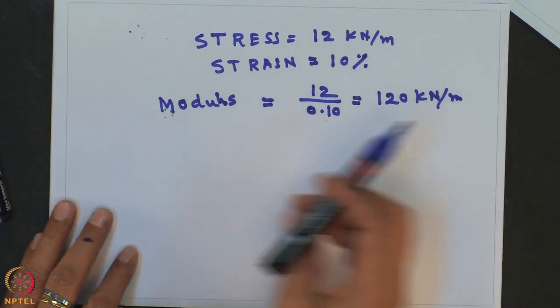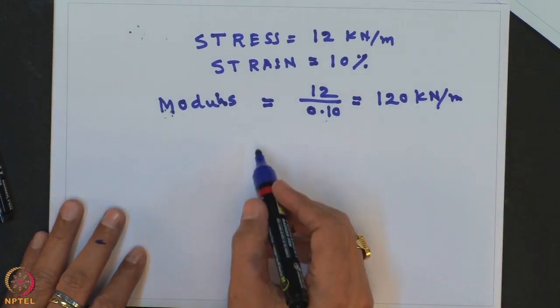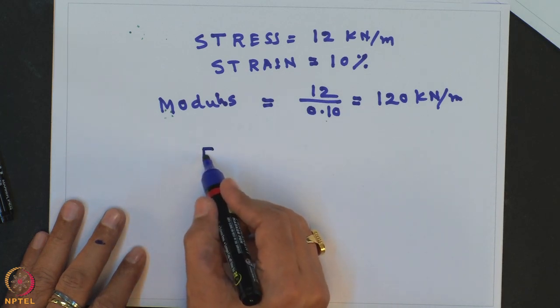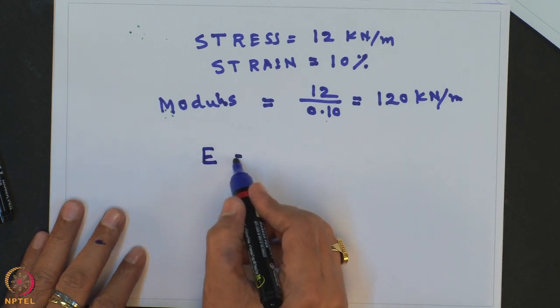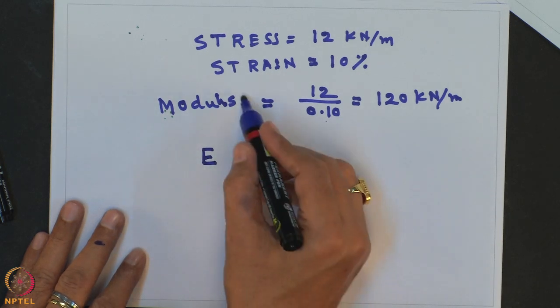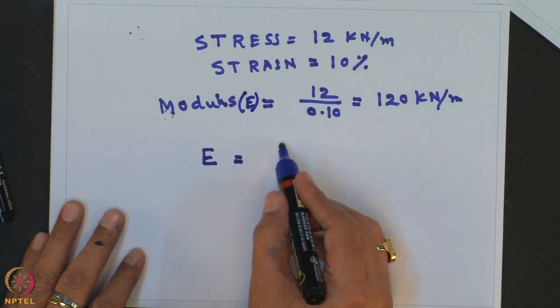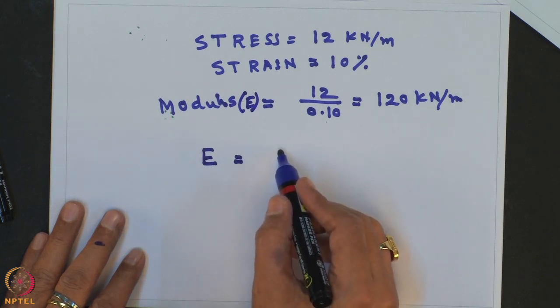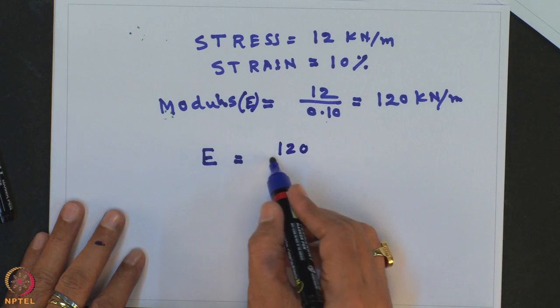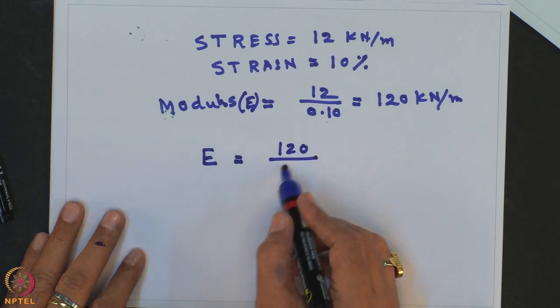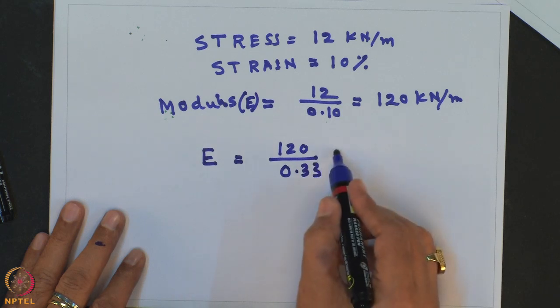Now, you know that the thickness is 0.33. Therefore, the modulus E can be determined as 120 kilonewton per meter divided by the thickness 0.33.